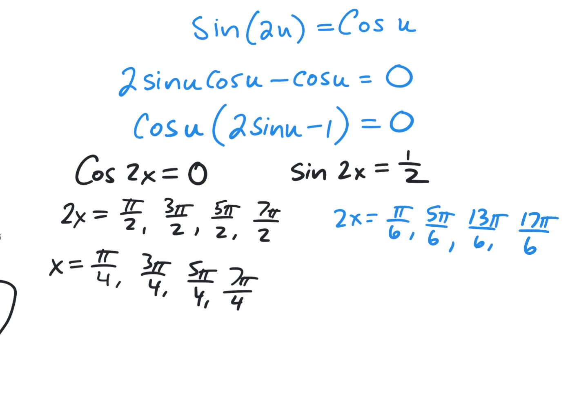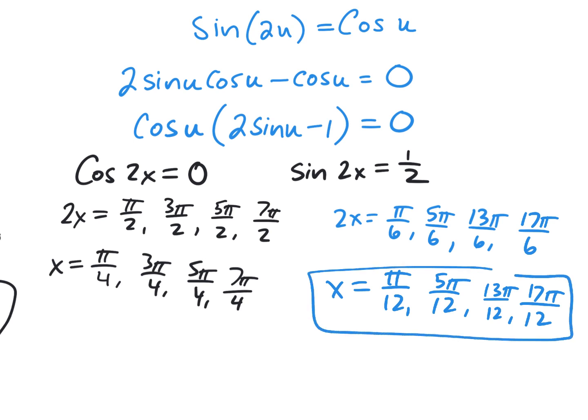These are values we are going to divide. So our resulting solutions here will be pi over 12, 5 pi over 12, 13 pi over 12, and 17 pi over 12.